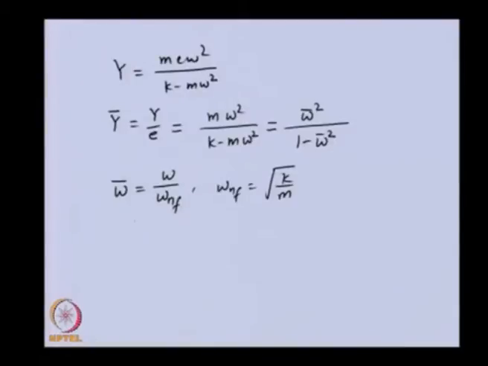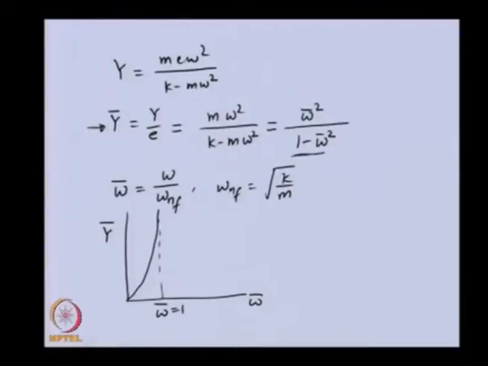Now, if we want to plot this response, that is the amplitude ratio with respect to frequency ratio, we will get a very high amplitude at omega bar equal to 1, because in this expression the denominator will become 0 and we expect a very high amplitude of vibration.